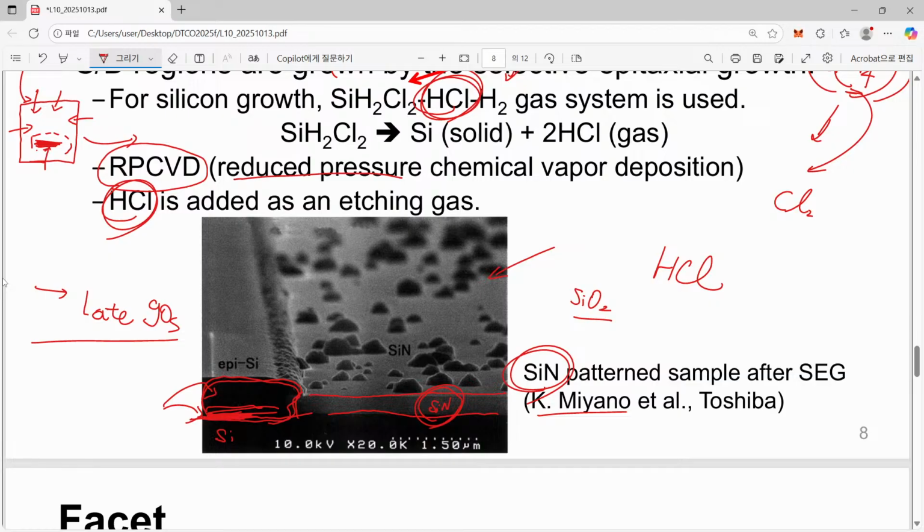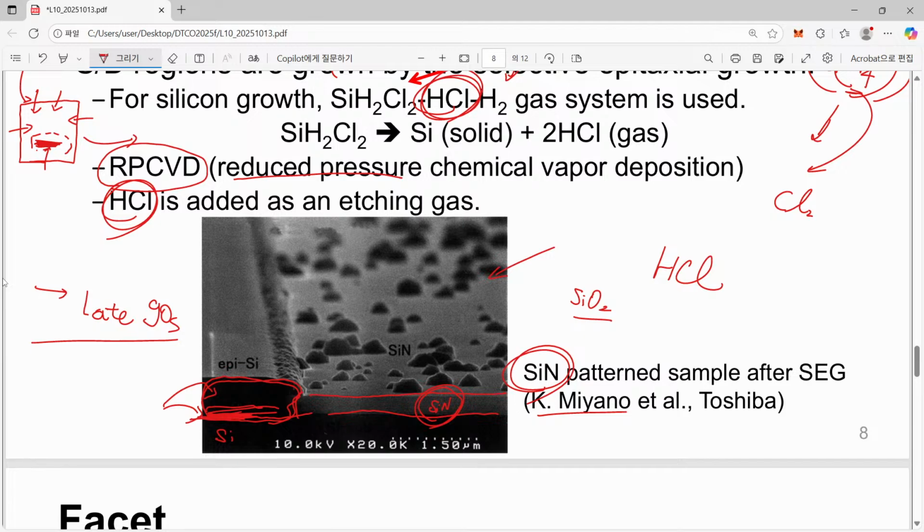It means that we have to control the amount of this DCS gas and HCl gas, and temperature and time, quite tightly. Otherwise our output will not be as clean as we want. So we have to optimize it. But roughly speaking, this is the way we have selectivity.